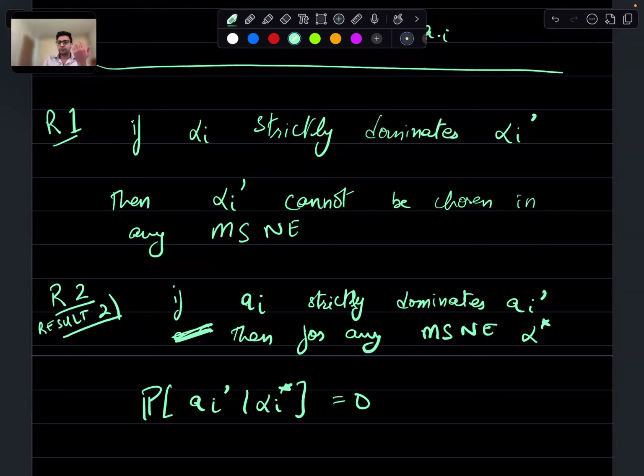Right? So what this says is that if there is an action that is strictly dominated, so AI prime is strictly dominated by AI, then for any equilibrium, it has to be that the probability that AI prime, the strictly dominated action, will not be played with positive probability. You will not choose that action in equilibrium. Okay.